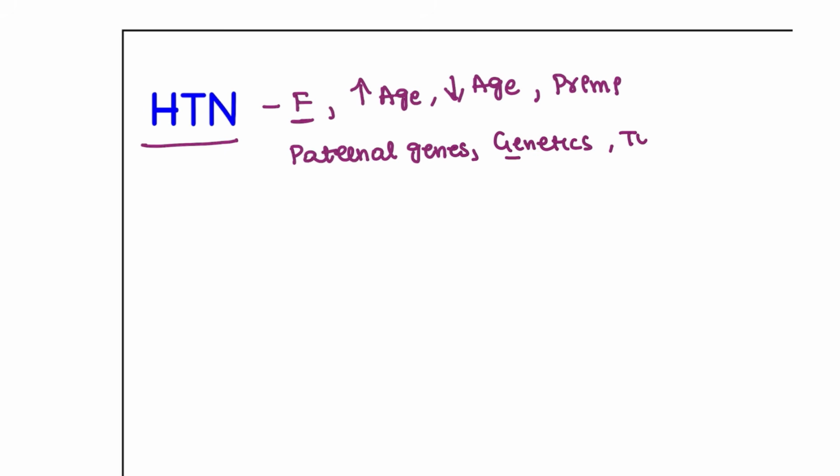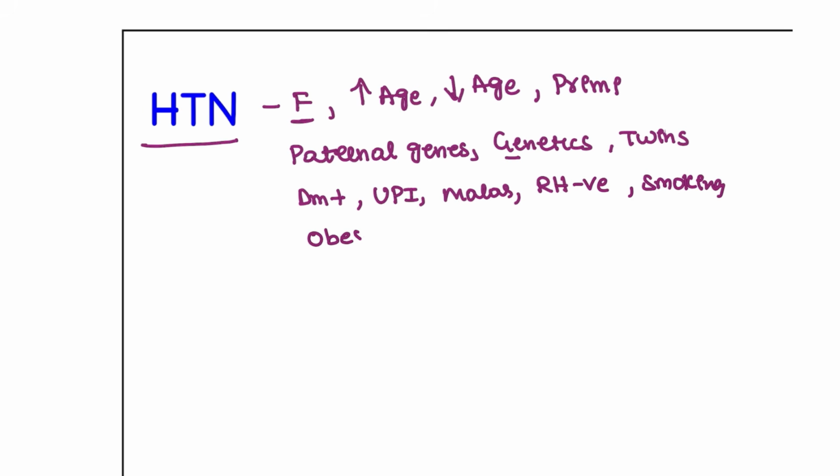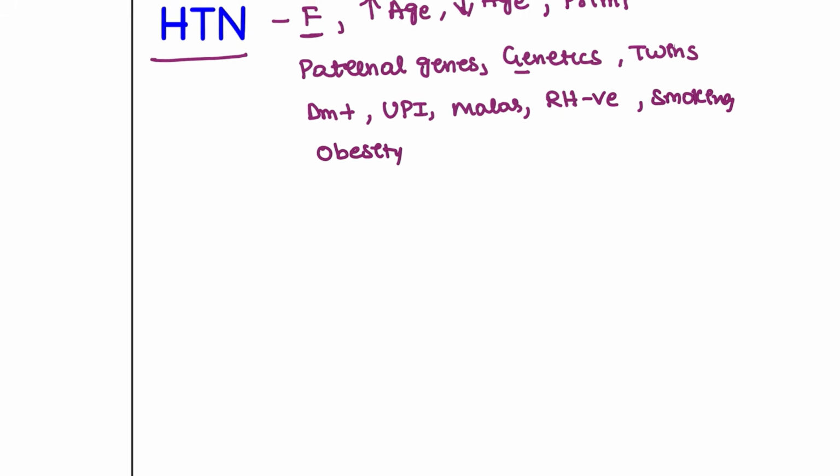And if the mother has a twin pregnancy, or is suffering from diabetes mellitus, or uteroplacental insufficiency, or molar pregnancy, Rh negative pregnancy, or any other conditions such as smoking or obesity, these can also predispose to hypertension.